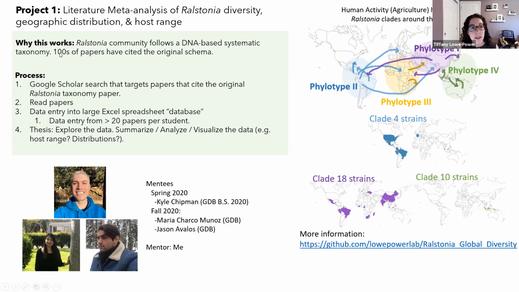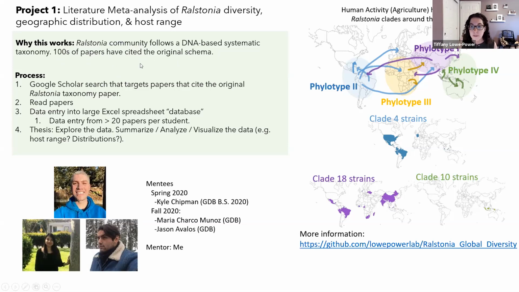So this is a literature analysis, and because I'm an expert in this one group of bacteria, Ralstonia, that cause wilt disease, I was familiar that our Ralstonia community has published hundreds of papers that use a standardized method to describe the taxonomy and diversity of Ralstonia.